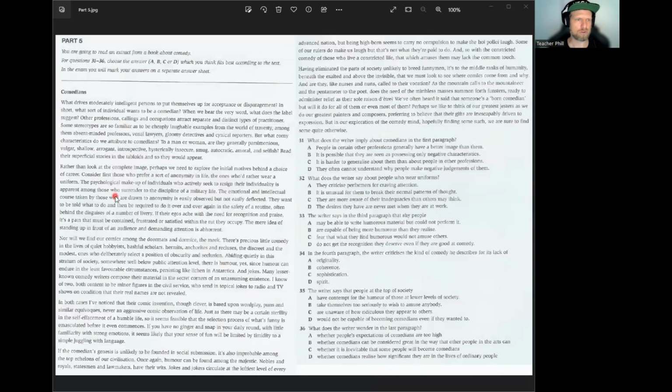Here we have 1, 2, 3, 4, 5, 6 paragraphs and 6 questions. So I'm almost certain that we will find one answer in each paragraph, but we'll look at that in a second. The second thing to consider is that in part 5, I actually don't recommend reading the text first.